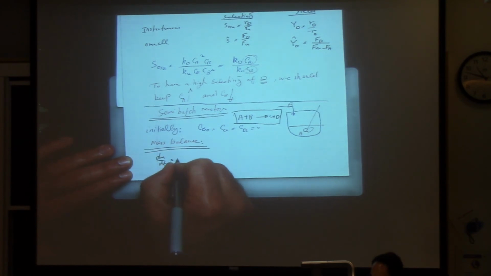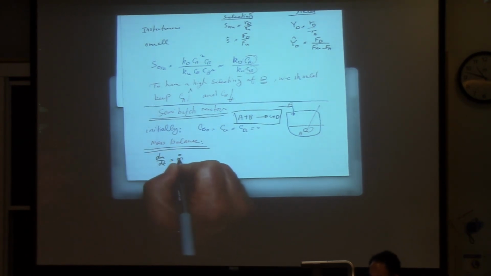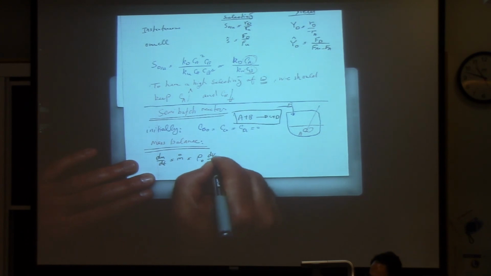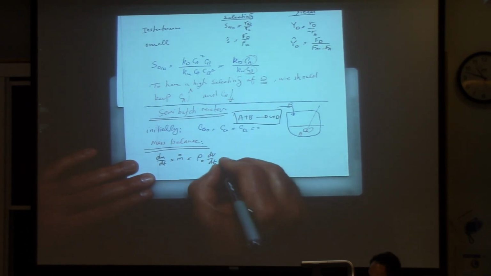In fluid mechanics you're familiar with m dot, so that would be rho_0 dV/dt.